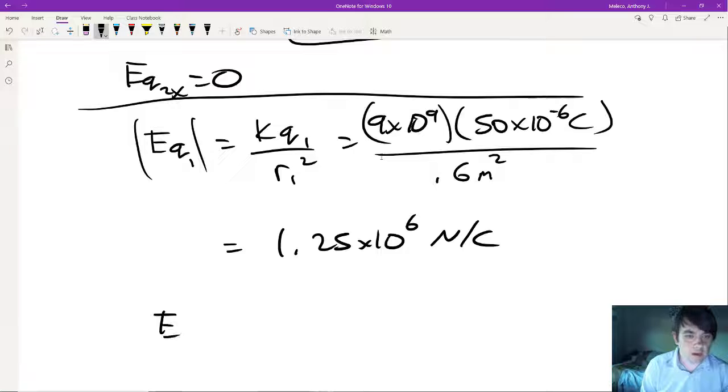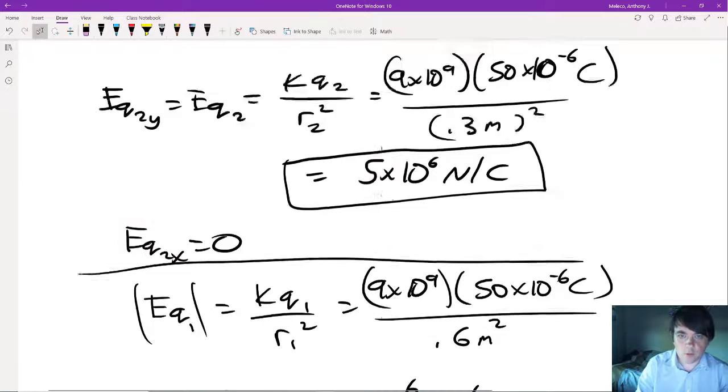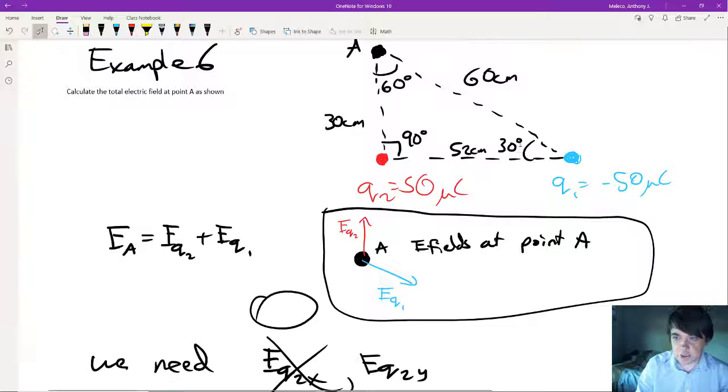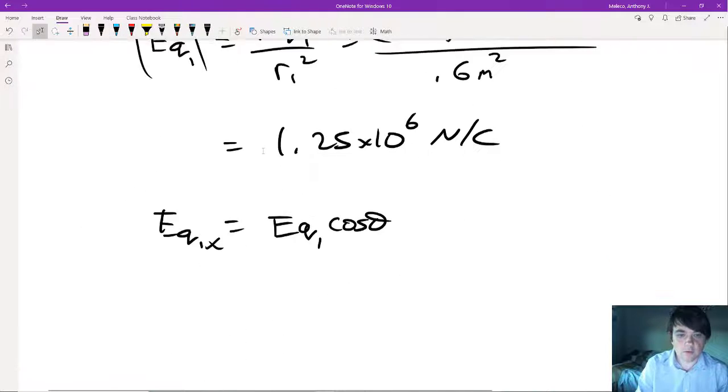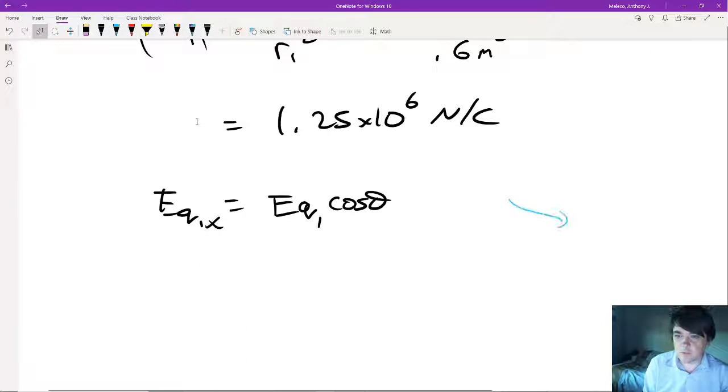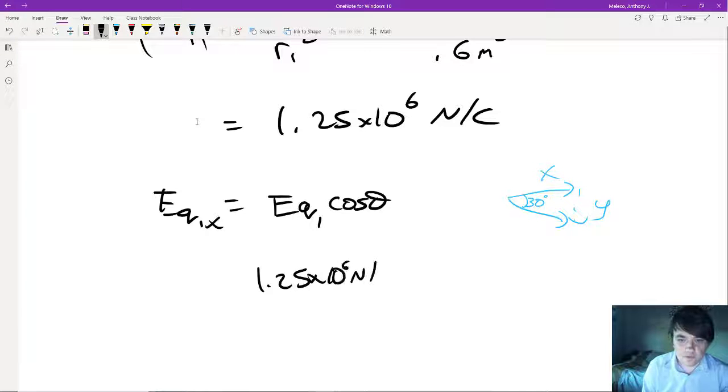Okay, so now EQ1x equals EQ1 cosine theta, and that will be 30 degrees. And it will be positive because, so EQ1x, again, it looks like this. This is our x, this is our y. So we're going to use cosine. So 1.25 times 10 to the 6 Newton per coulomb, cosine 30 degrees.